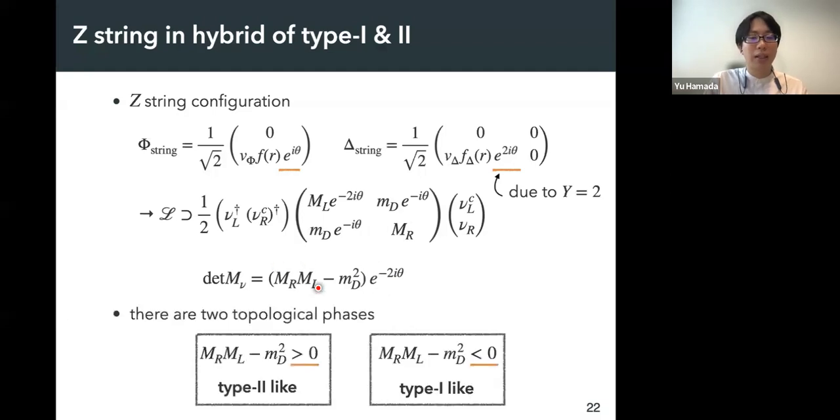And we can see that this model is divided into two topological phases: one where this quantity is positive, and one where this quantity is negative. Let's call this case the type 2 like case, and let's call this case the type 1 like case.